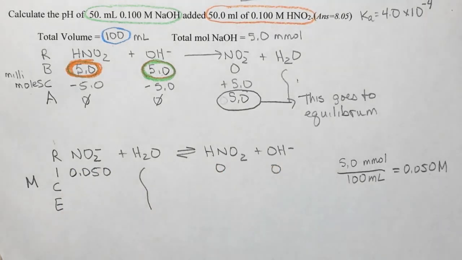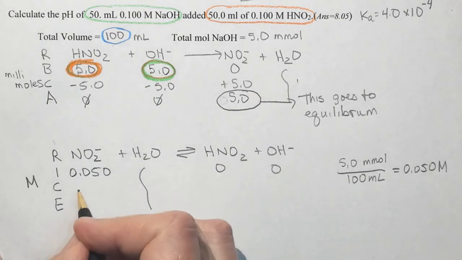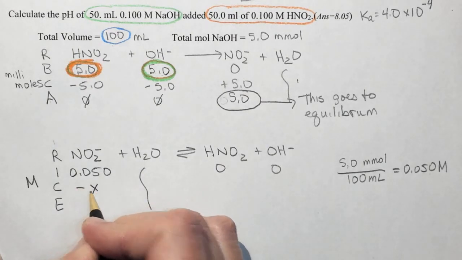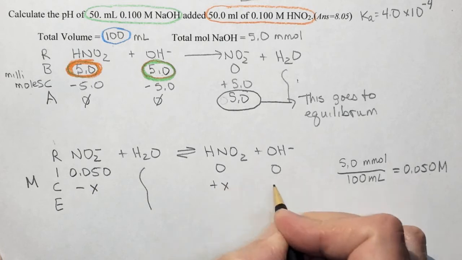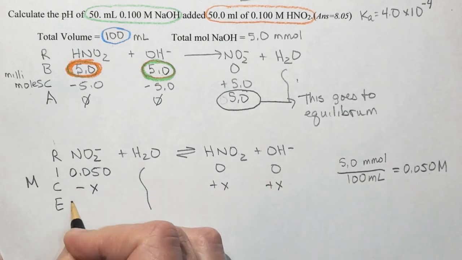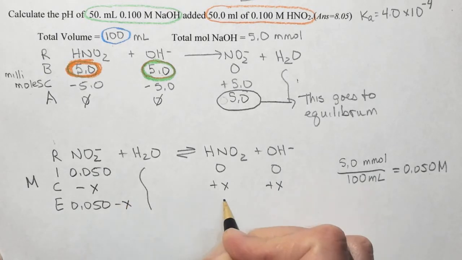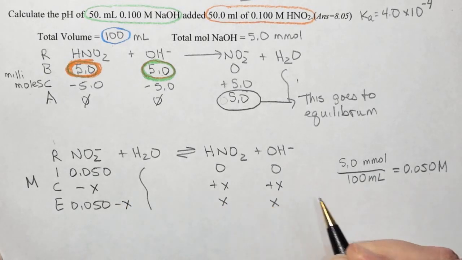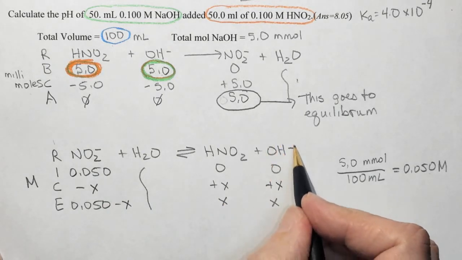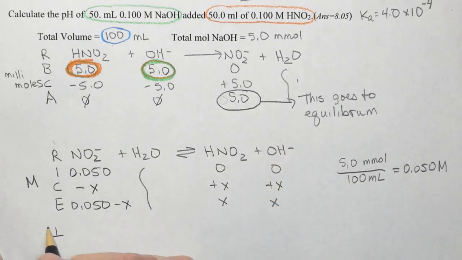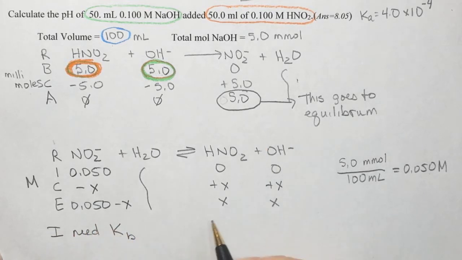Initially we have 0 of each of our products. We are going to start losing reactant and making both of our products. So we end up with 0.050 minus x, x, and x. Now, notice that I am making base here, so I need Kb. And that's because the hydroxide ion is my x.